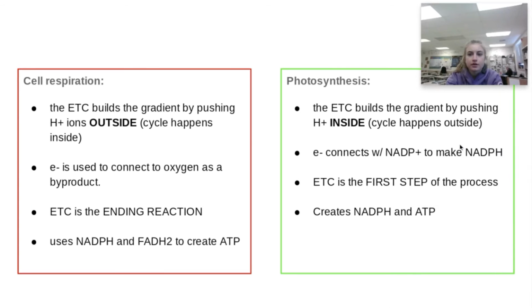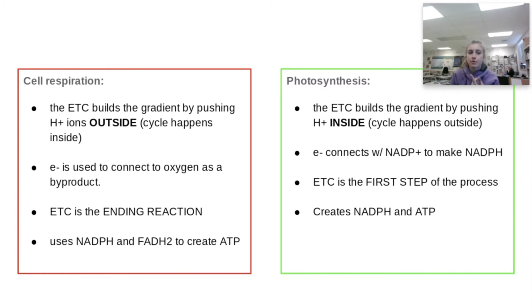So like I was saying, there are some differences between cell respiration and photosynthesis. First of all, in cell respiration, the ETC builds the gradient of hydrogen ions by pushing them outside, away from the matrix, because the Krebs cycle happens inside the matrix. Whereas in photosynthesis, the electron transport chain builds the gradient by pushing hydrogen ions inside, because the cycle happens on the outside.